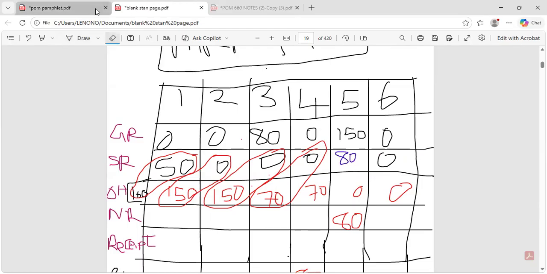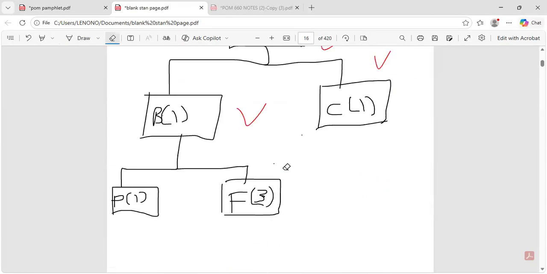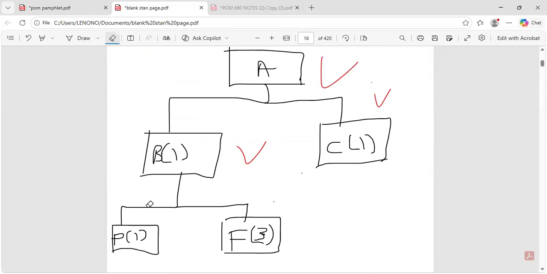Then let me do MRP for C, so that these two will be your takeaway, the ones you need to try.